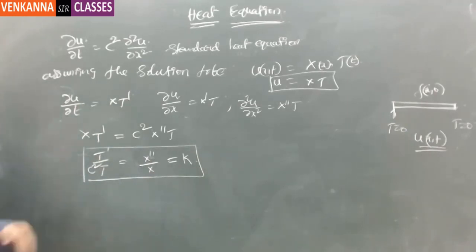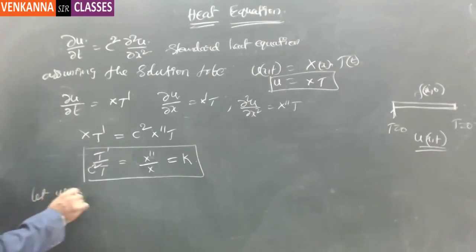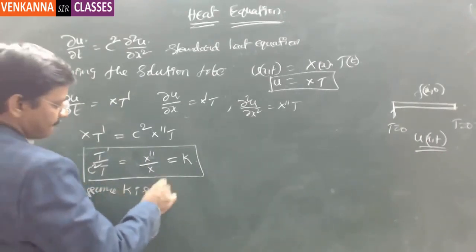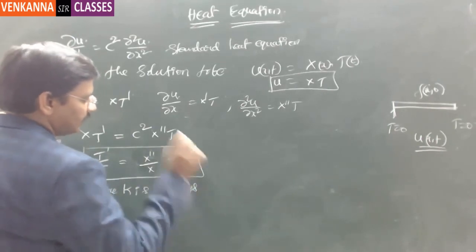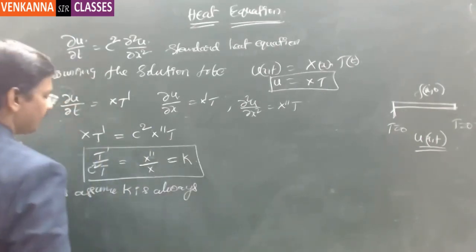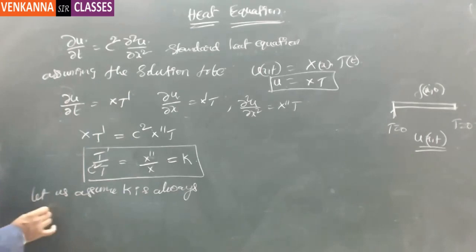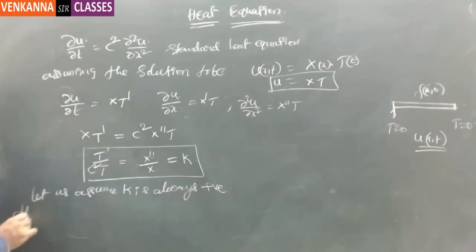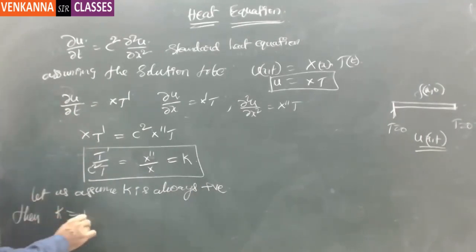Exactly in the similar manner we have done in the wave equation. So let us assume k is always positive; we take three cases and from that we will pick the appropriate one. So k is equal to p square, because p is always a positive value.